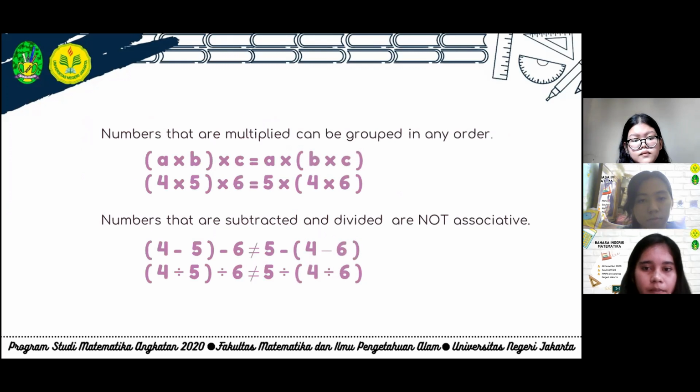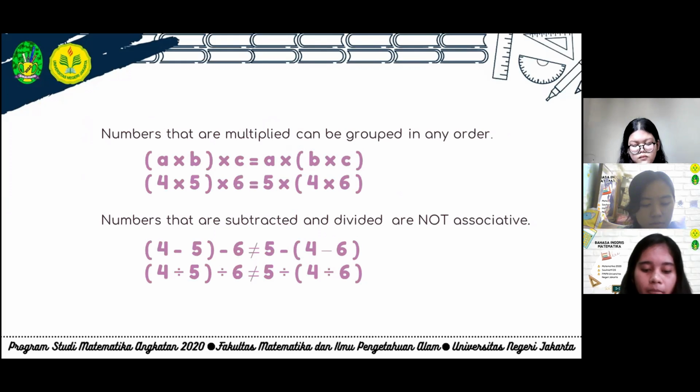Numbers that are multiplied can be grouped in any order. For example, the product of A and B, times C, is equal to A times the product of B and C. Numbers that are subtracted and divided are not associative.